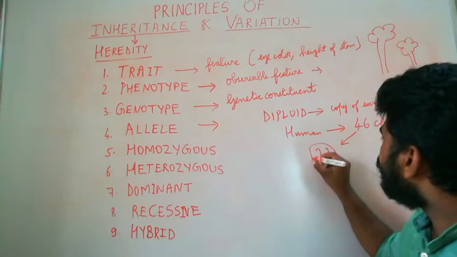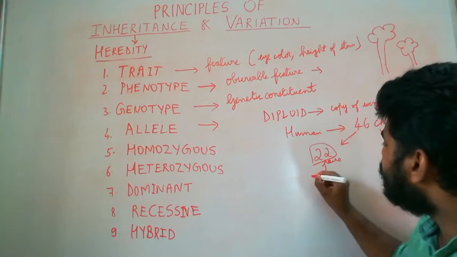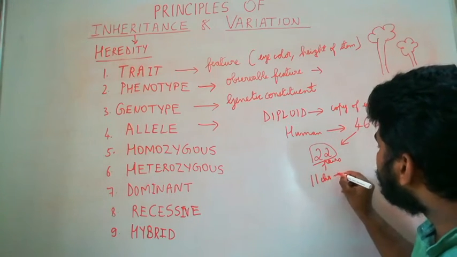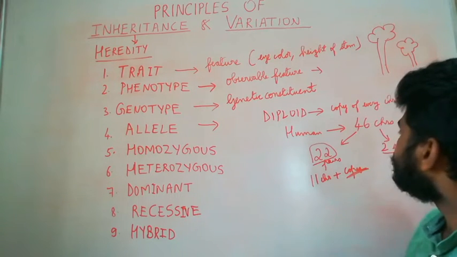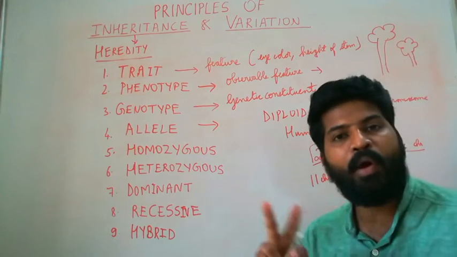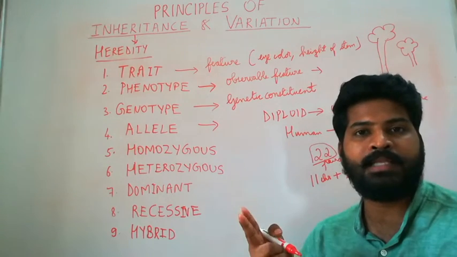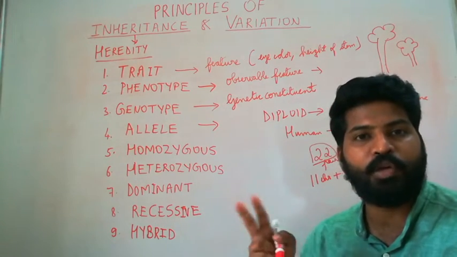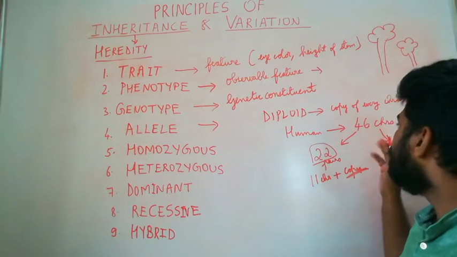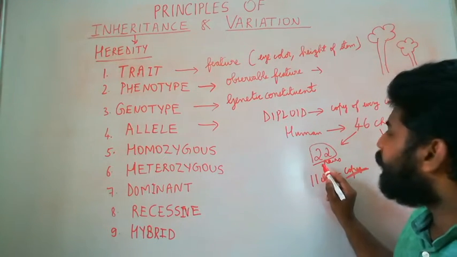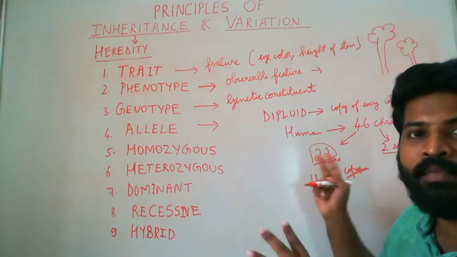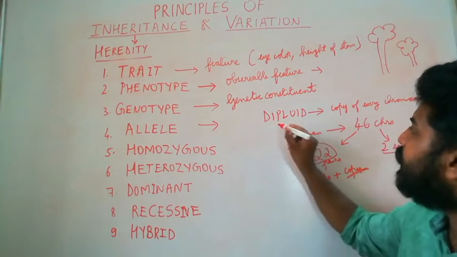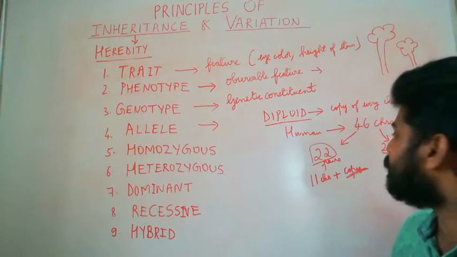So a diploid organism carries a copy of every chromosome that it has, other than the sex chromosome. So there are 22 chromosomes and 22 copies of these chromosomes. So that is a diploid organism.